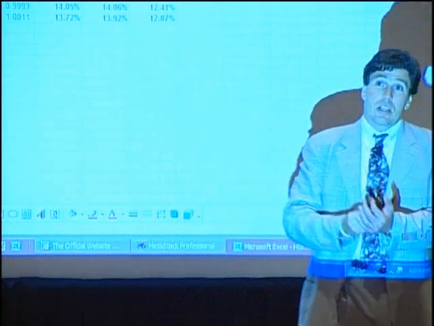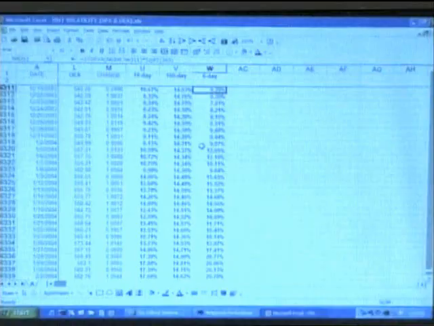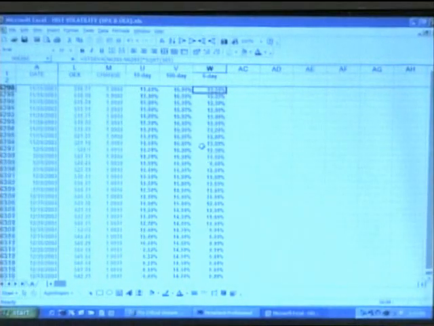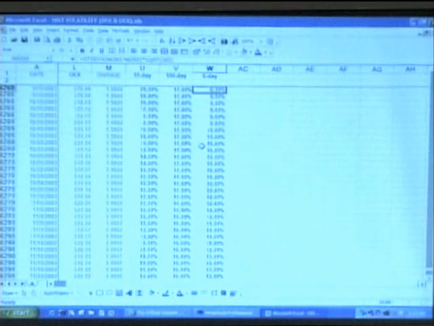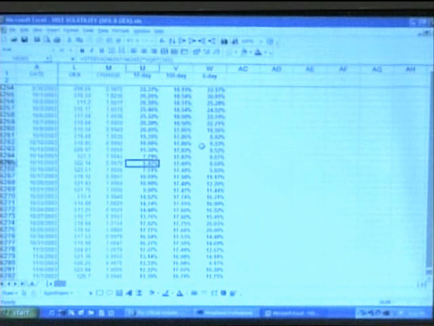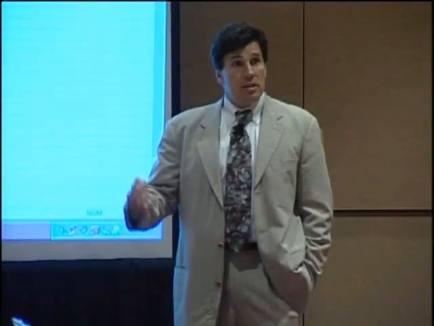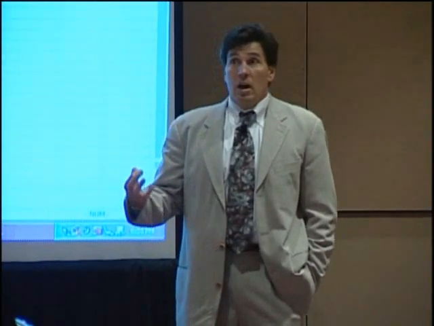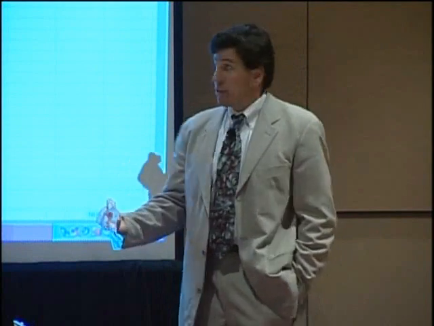So we're looking at statistical volatility. Yeah, this looks about right. This is October 2003. I'm looking for an instance where both the 10-day and the 6-day historical volatilities are both less than half the 100.